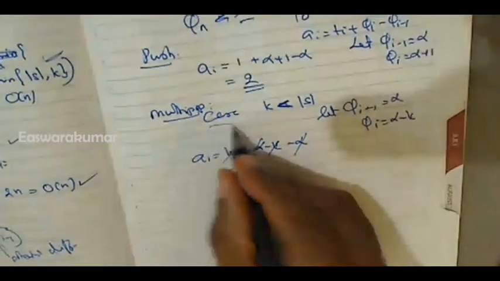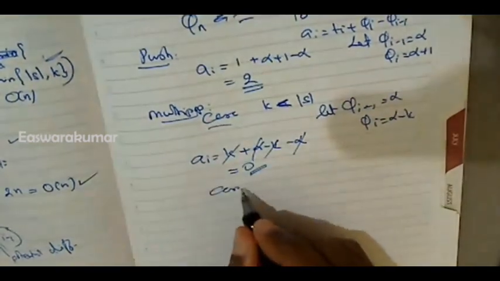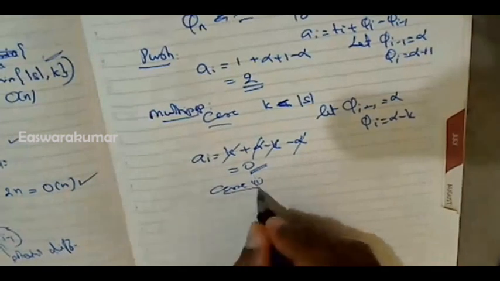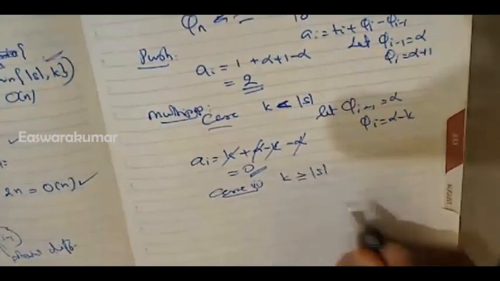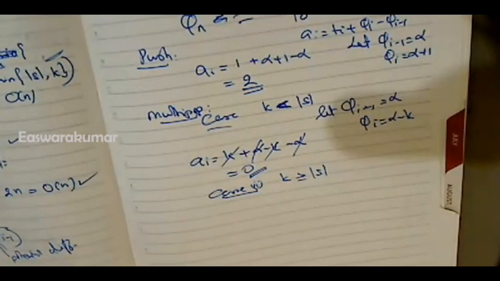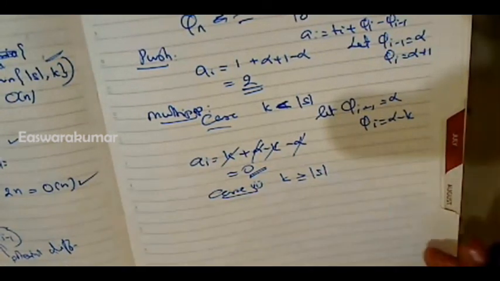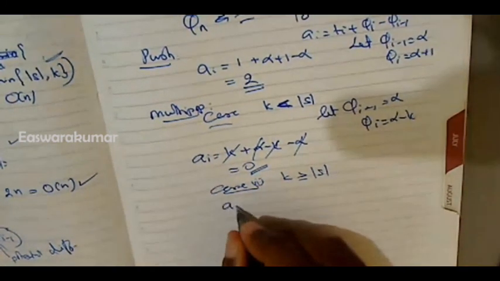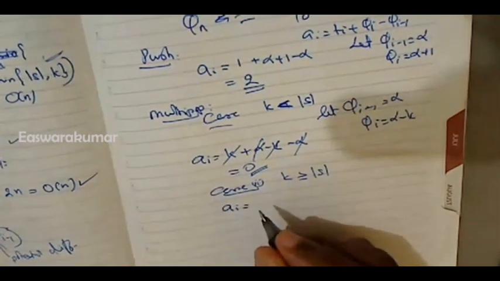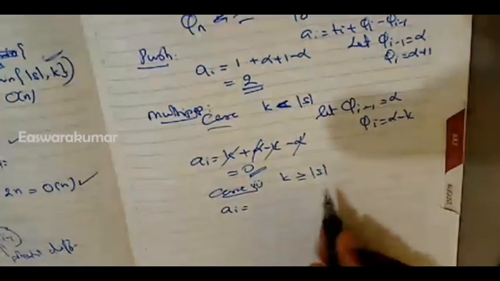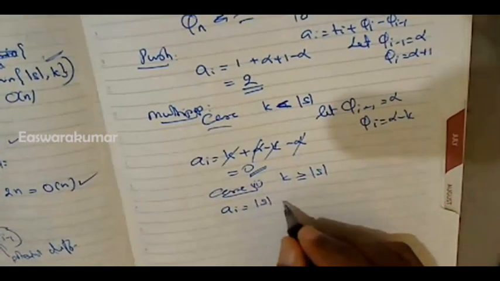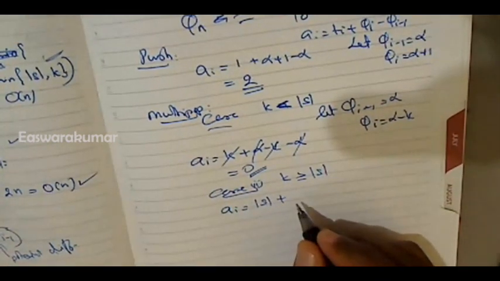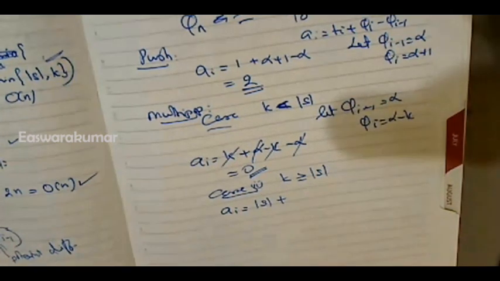Next case: k is greater than or equal to the cardinality of S. In this case, all the elements available in the stack will be removed. The amortized cost A equals the actual cost, which is the cardinality of S, plus pi i.